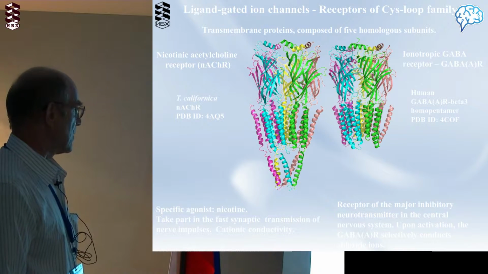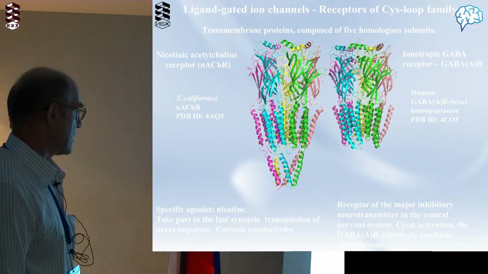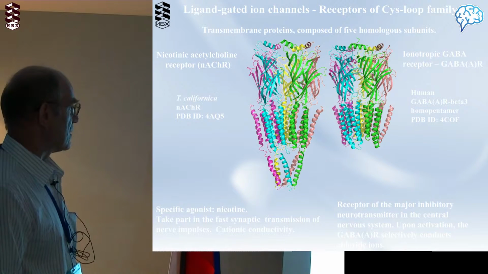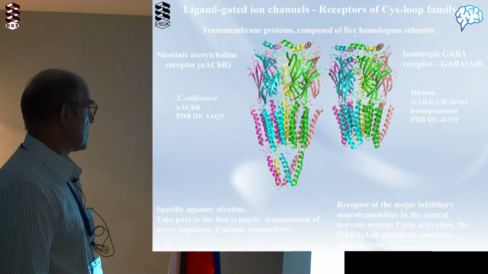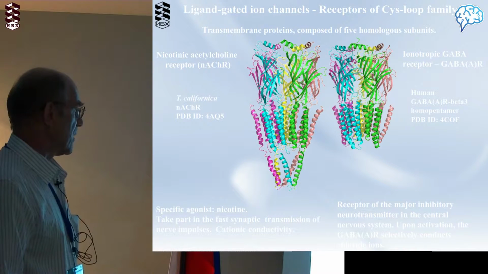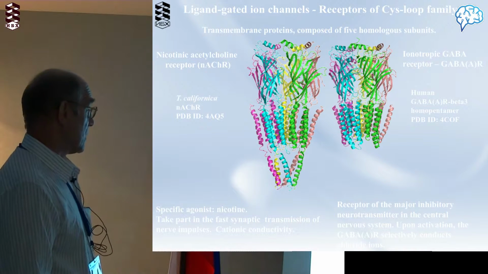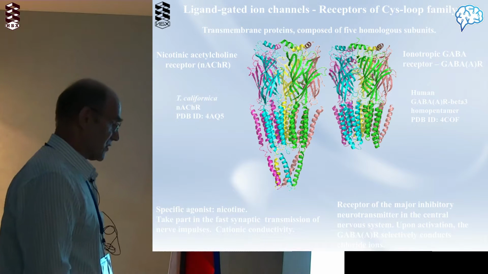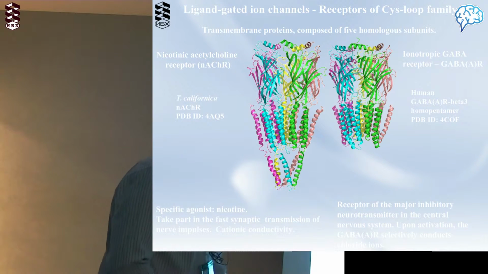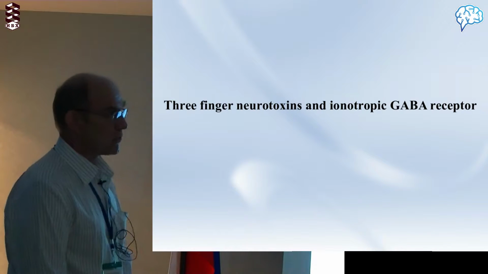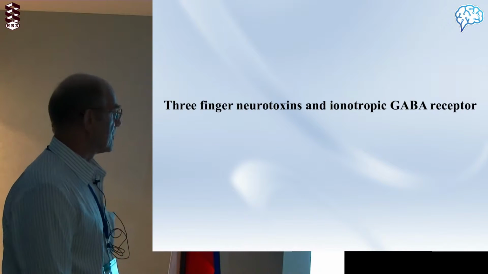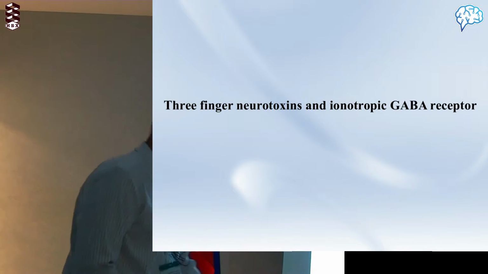The acetylcholine receptor possesses cationic conductivity, and the ionotropic GABA receptor selectively conducts chloride ions. Nevertheless, they have very similar structure, and this led us to the idea to check neurotoxins which bind to the acetylcholine receptor on this GABA-A receptor.